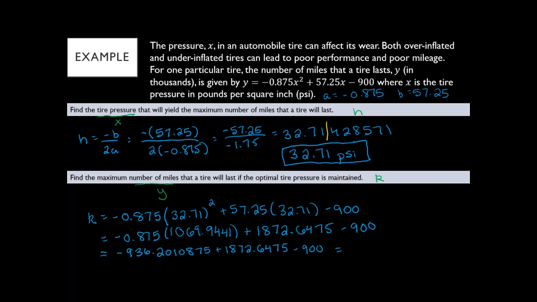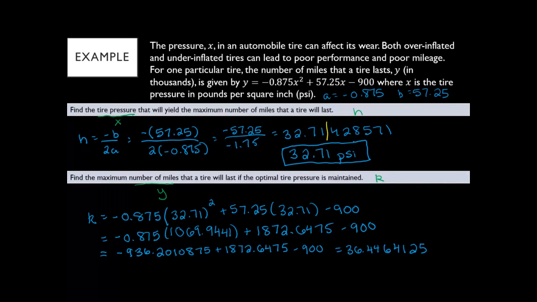And then I'm going to put that all in my calculator and hope that I don't make a mistake typing in a number. I got 36.4464125.